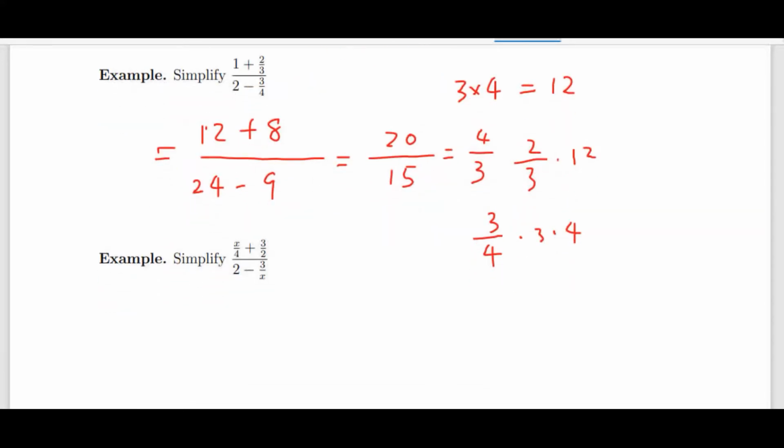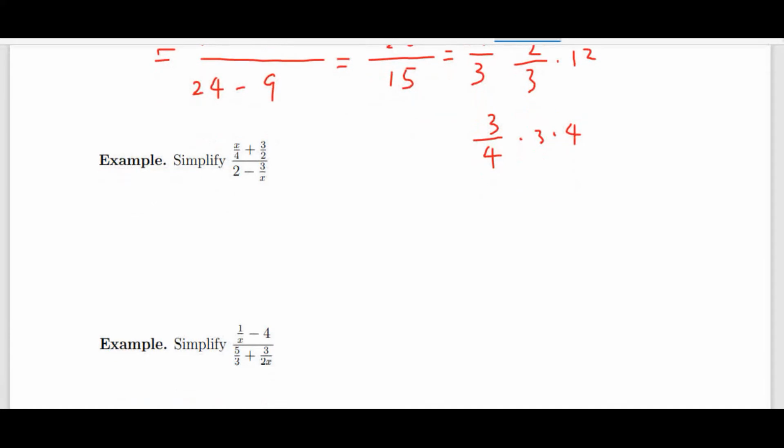The idea is quite simple. We just multiply those denominators to get rid of all those subdenominators. For this problem, same idea. We have denominator 4 and 2 and x.